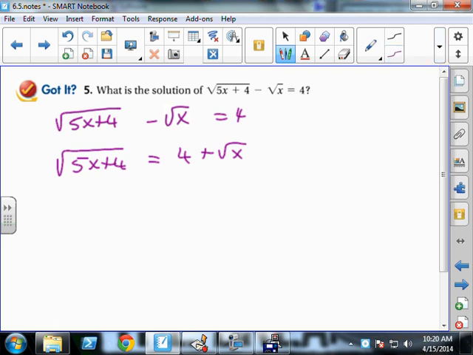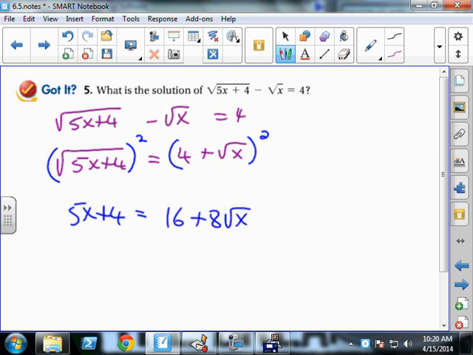I will skip a few steps here. So we square that. When we square that, we get 5x plus 4. We're going to get 16 plus 8 rad x plus x. So then we're going to get 4x minus 12 equals 8 rad x.